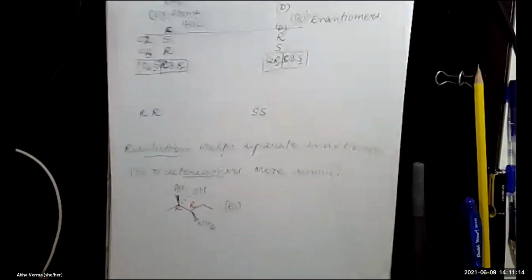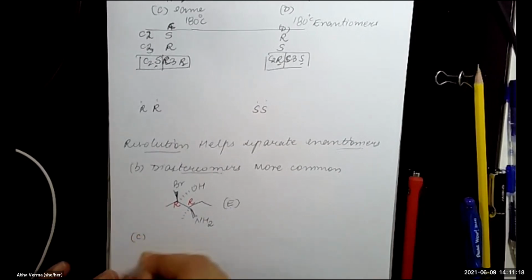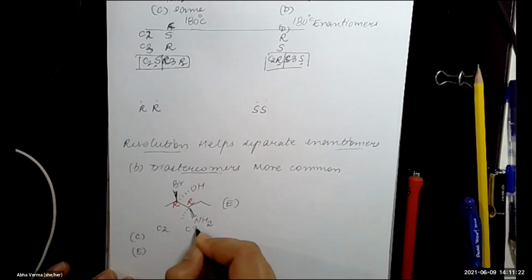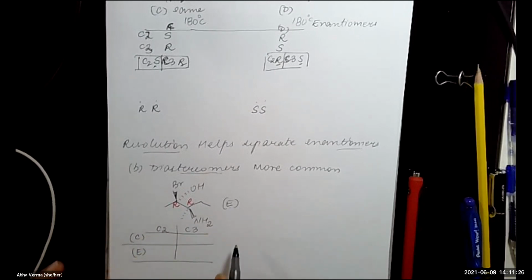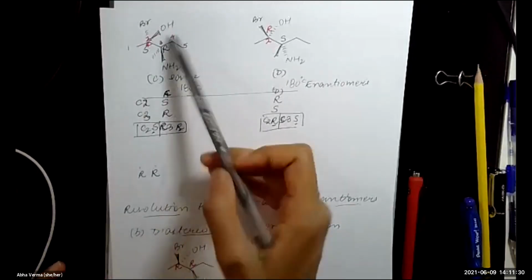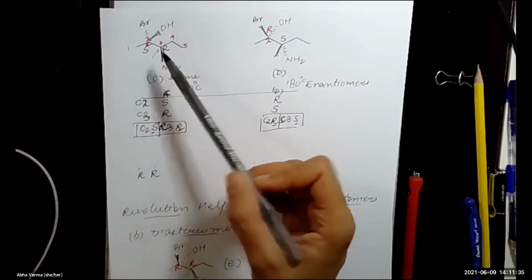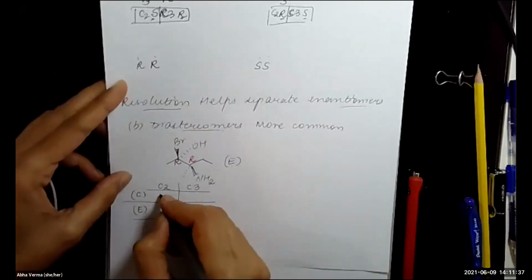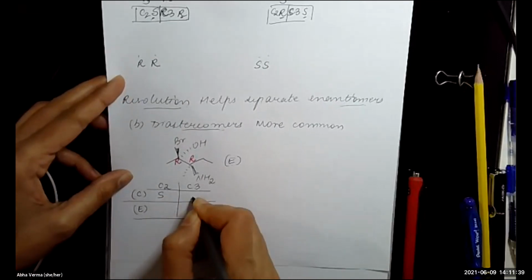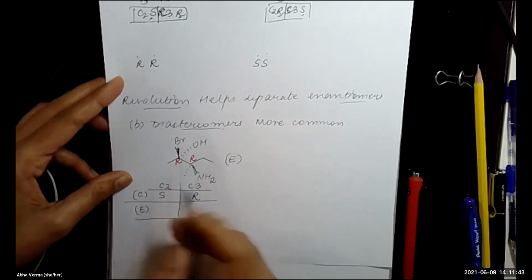So what is the relationship that I see now between C and E at C2 and C3? For structure C, at 2 I have an S, at 3 I have an R. And for E, what do I have?